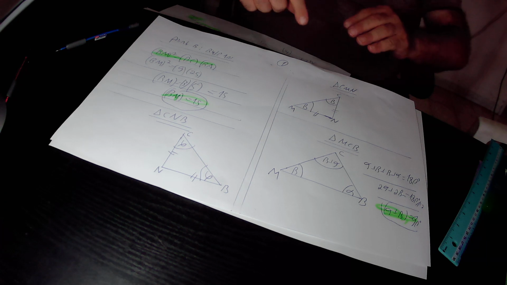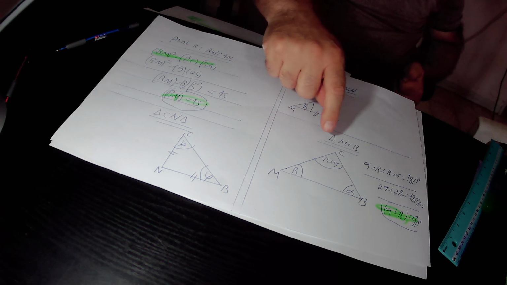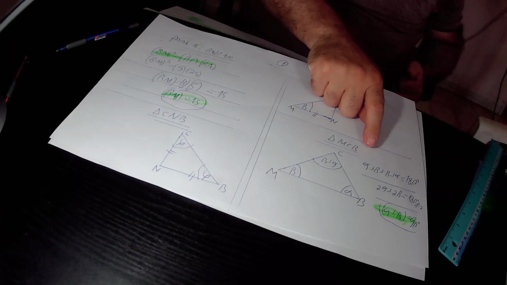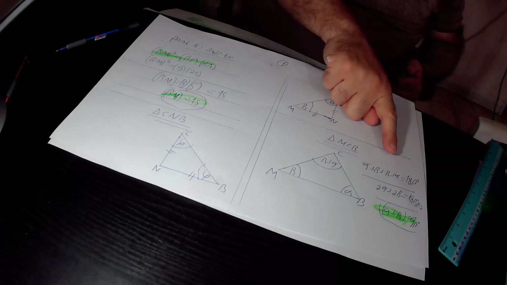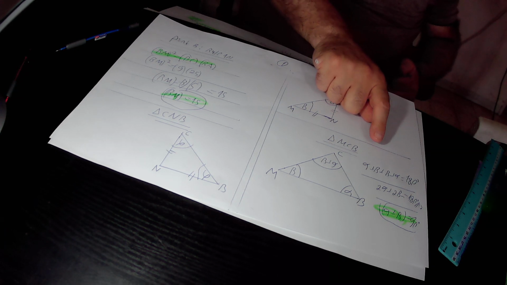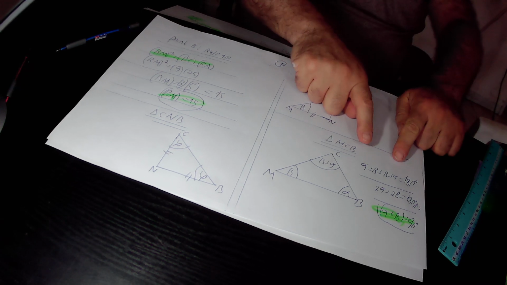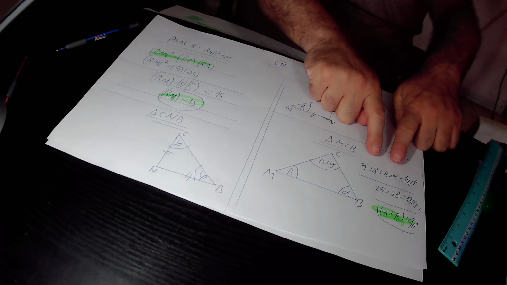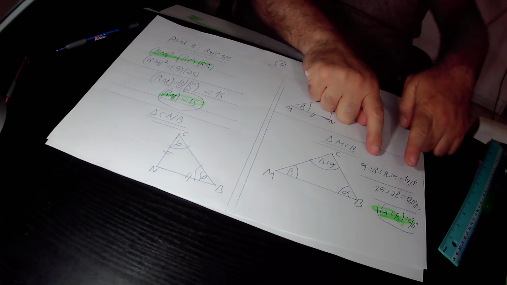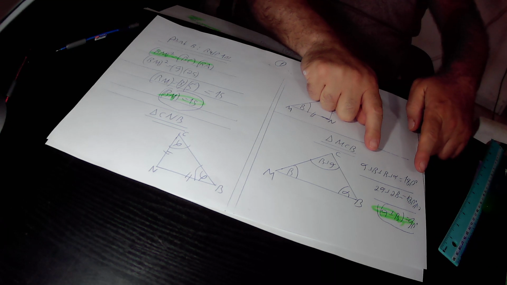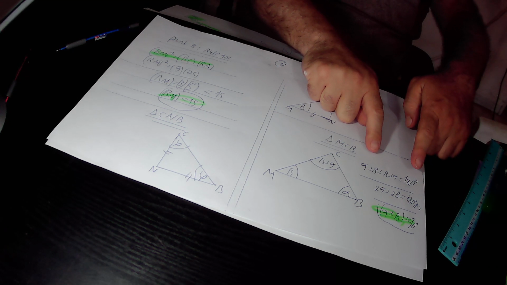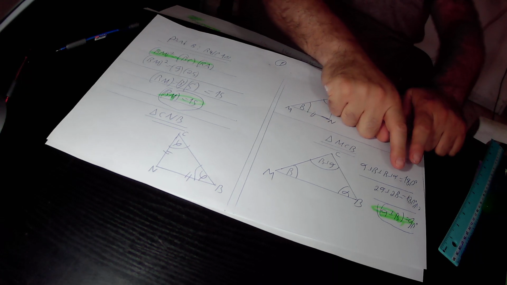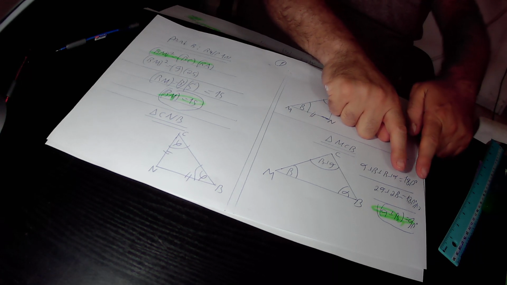So in total, the sum of the angles in this triangle MCB equals 180 degrees. So alpha plus beta plus alpha plus beta must be equal to 180 degrees. So in this equation we have alpha plus alpha is 2 alpha and beta plus beta is 2 beta. So in total we have 2 alpha plus 2 beta equals 180 degrees. We divided this equation by 2 and finally found that alpha plus beta equals 180 degrees over 2, which is 90 degrees.